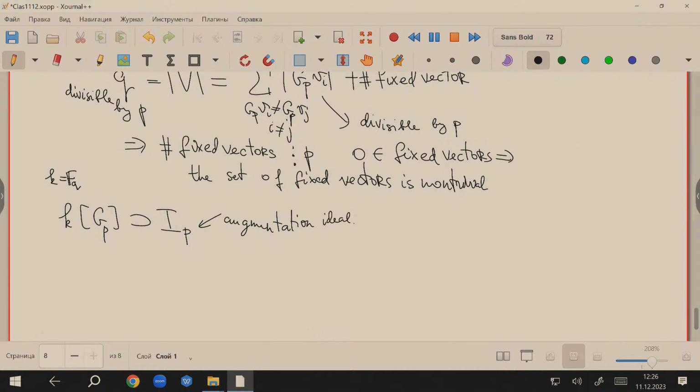And you see that it is a two-sided maximal ideal because the quotient is just K, by definition it is a kernel of this map. Yeah?